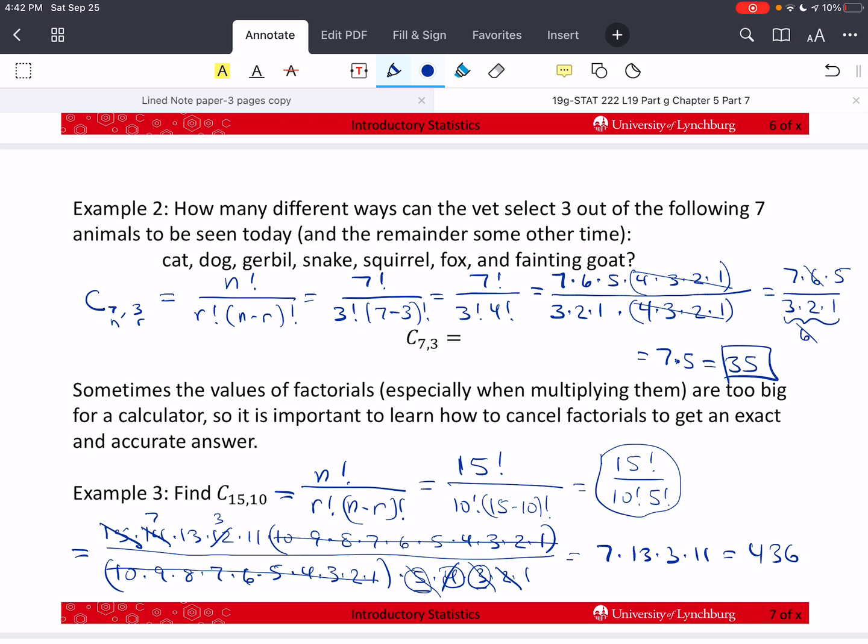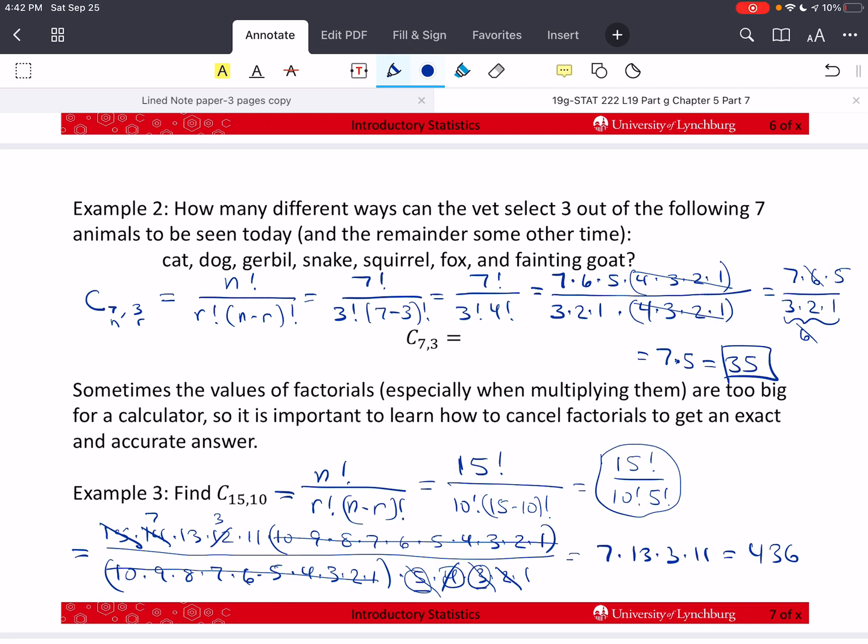I've got 5 goes into 5 times 3 is 15, so that goes away. 4 goes into 12 3 times, so that goes away. And then 2 goes into 14 7 times, so 14 divided by 2 is 7. 12 divided by 4 is 3.